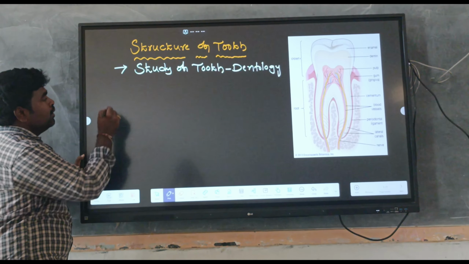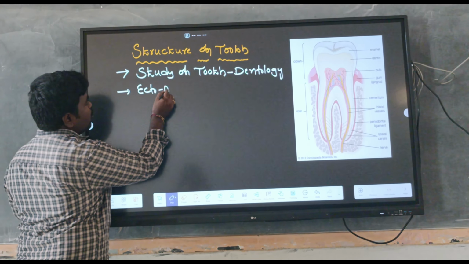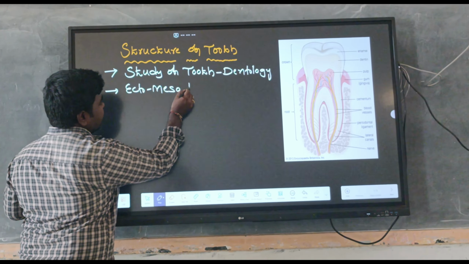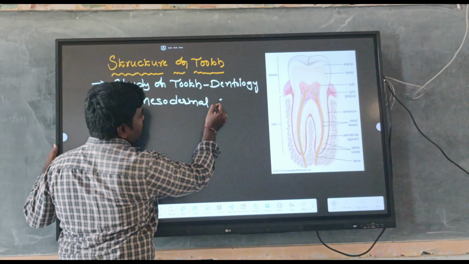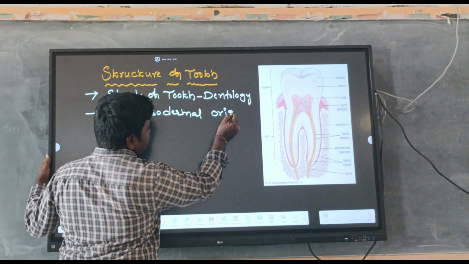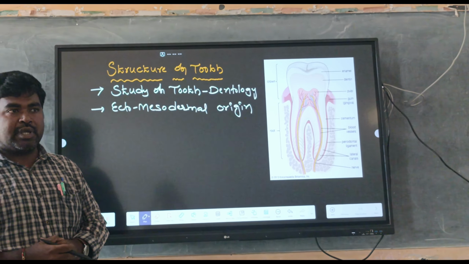Now in human beings, the tooth is of ectomesodermal origin. So what is ectomesodermal origin?